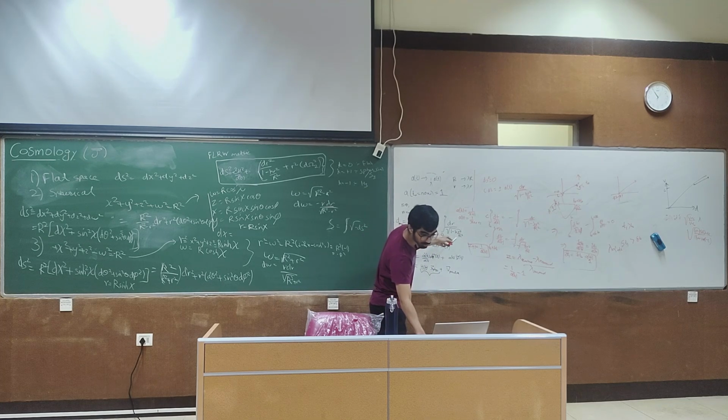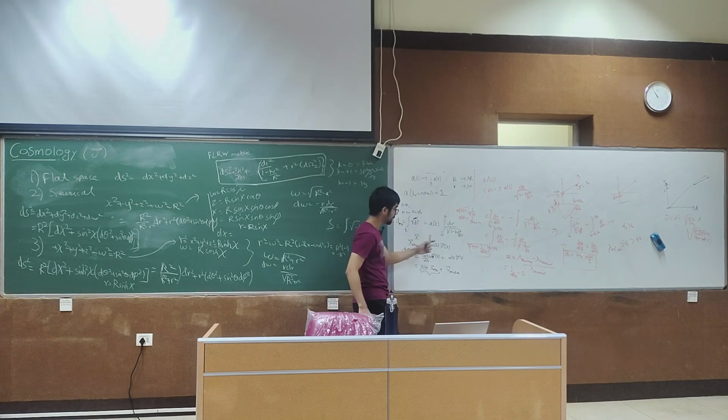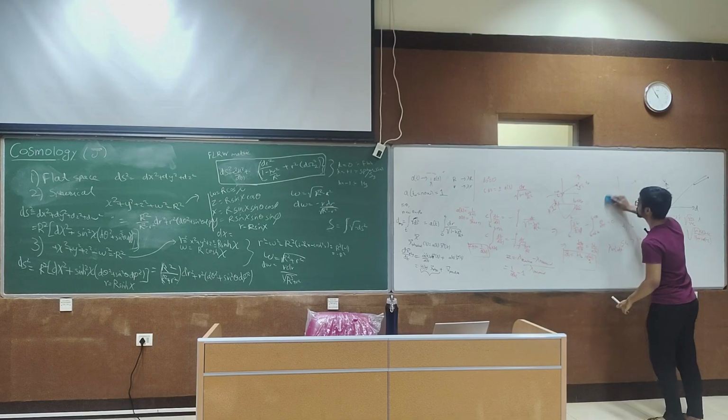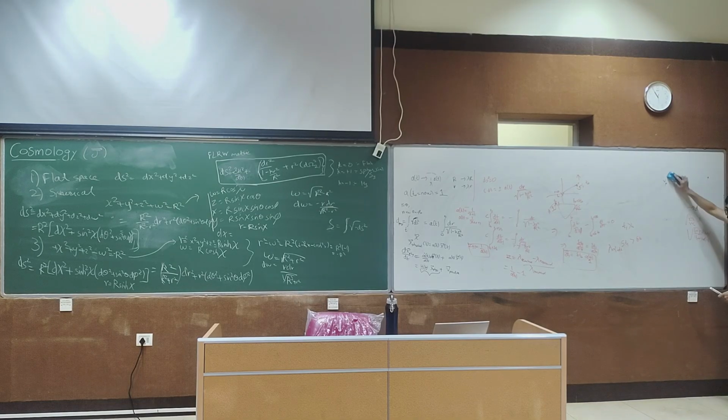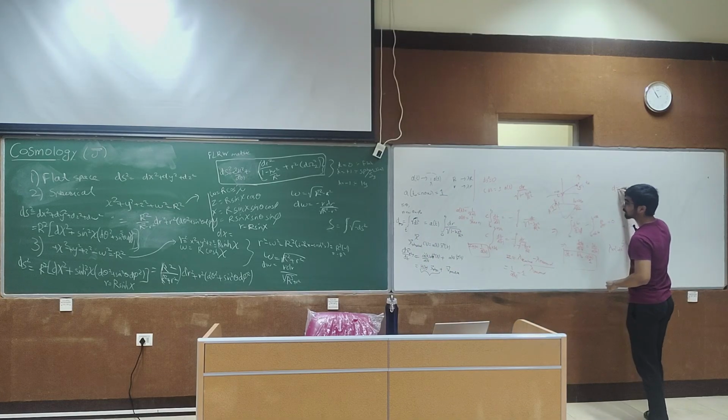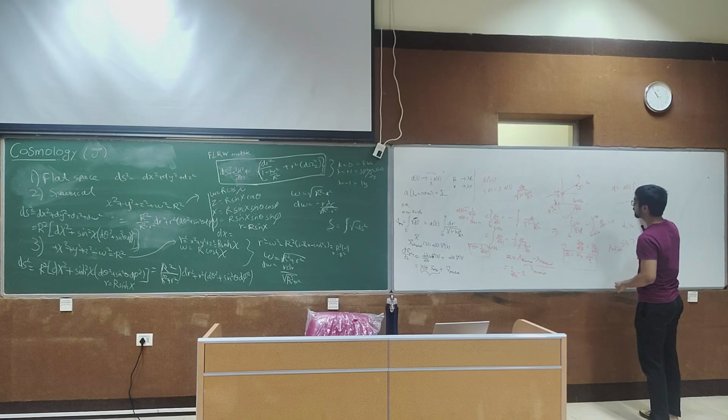If you just use this, you have this formula for physical distance, and we talk in terms of light, so you can replace this integral by this. We get d equal to a of t times the integral from 0 to r max of t.